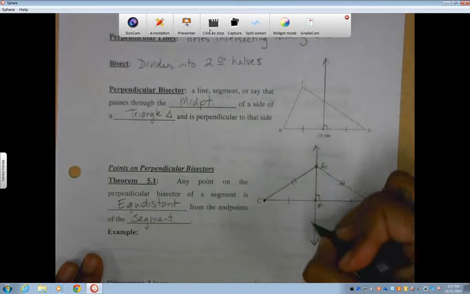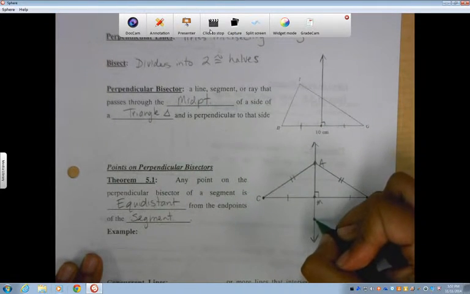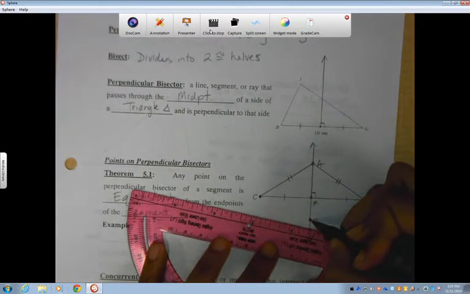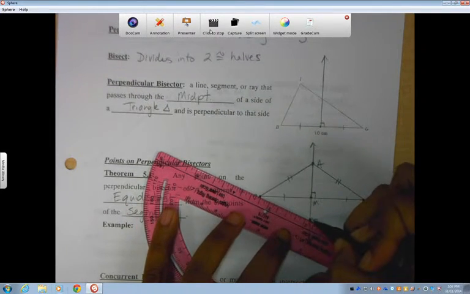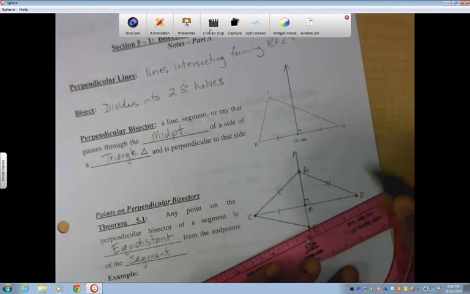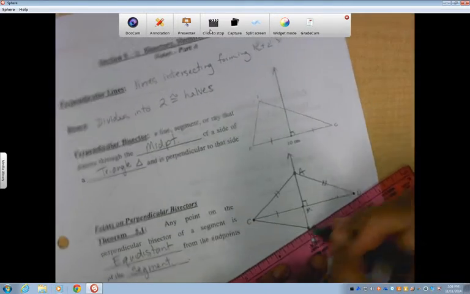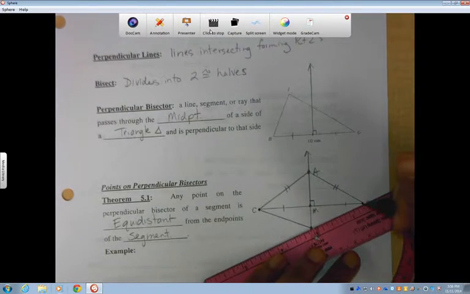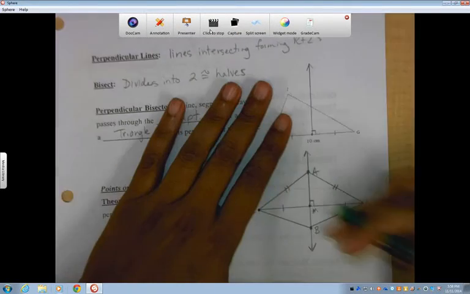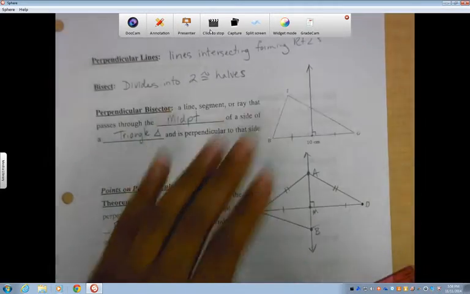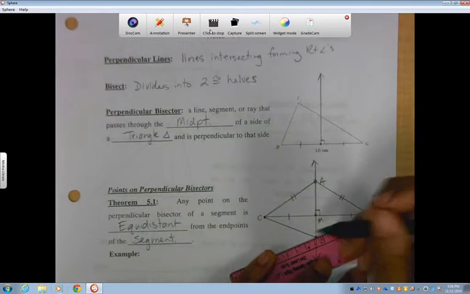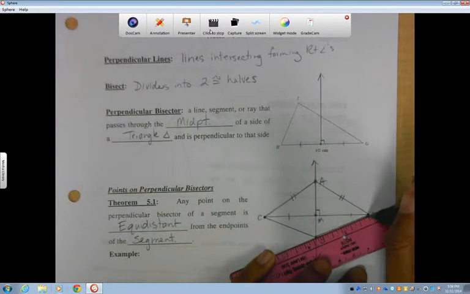So I could have another point. Let's say I put a point below the segment CD. Label it B. The distance from B to the endpoint C is going to be the same distance from B to the endpoint D. So they would be equal distance to the endpoints.